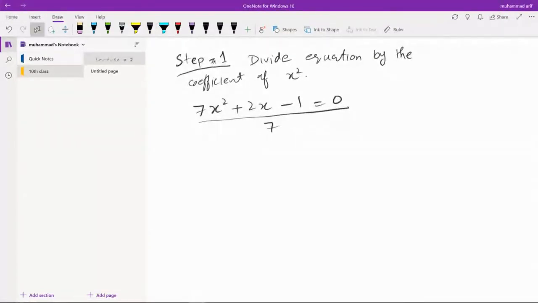After this, 7 divided by 7 x square plus 2 by 7 x minus 1 by 7 equals to 0 by 7.